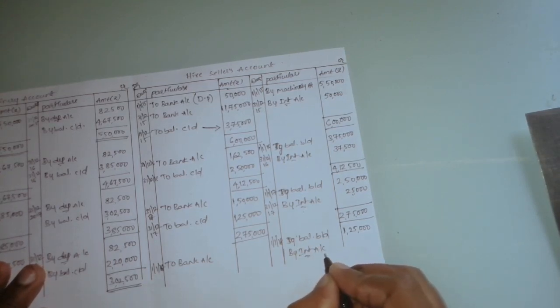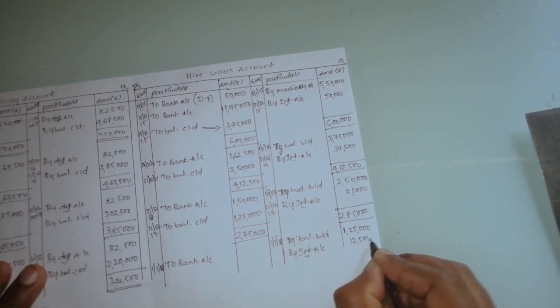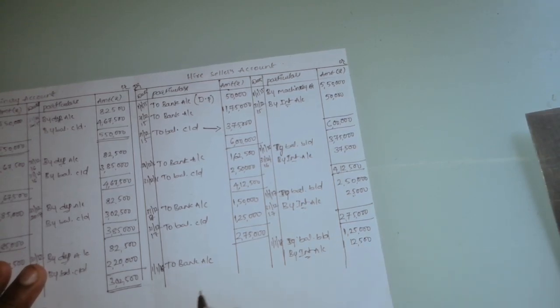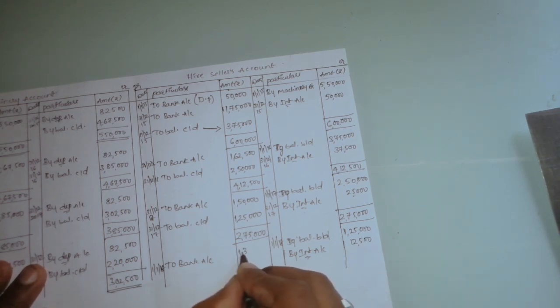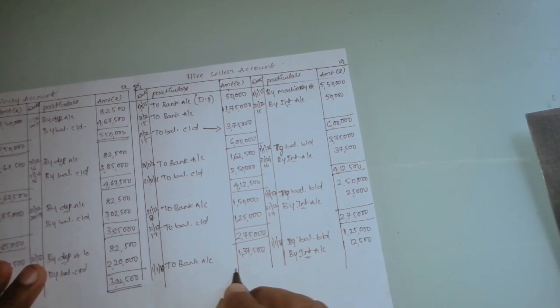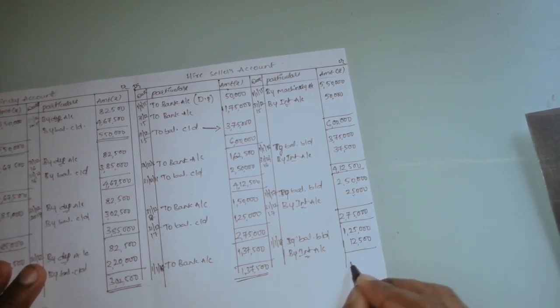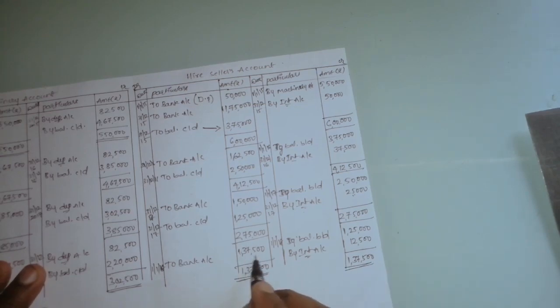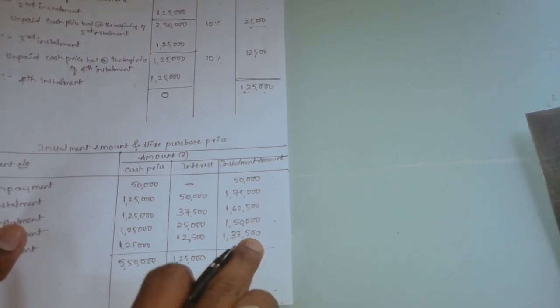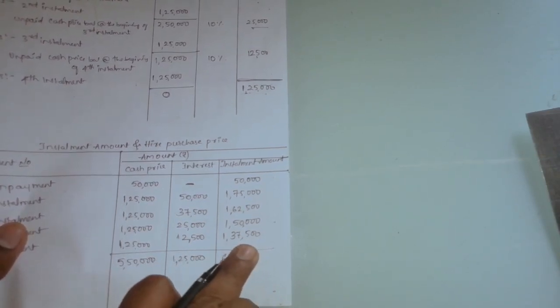How much is the last year interest? 12,500. To bank account 1,25,000 plus 12,500 leads to 1,37,500. It is the last installment amount. Clear?